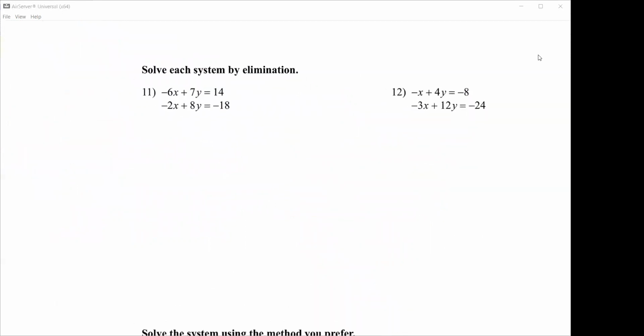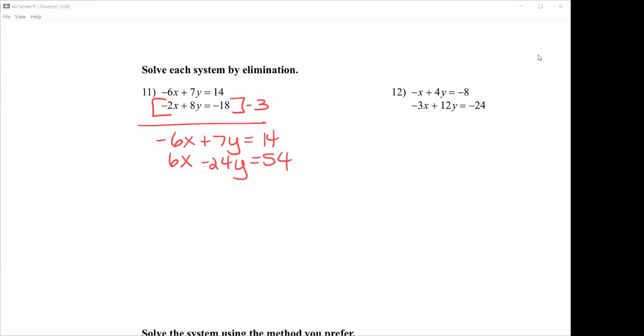All right, 11, we're still doing elimination. So I'm going to multiply the bottom by -3. And I'm picking -3 because that'll give me the positive 6x to eliminate the x's. So the top equation is -6x plus 7y equals 14. But the bottom equation becomes positive 6x minus 24y equals positive 54.